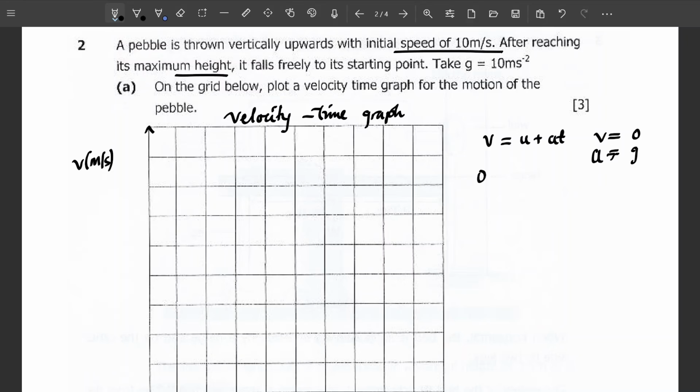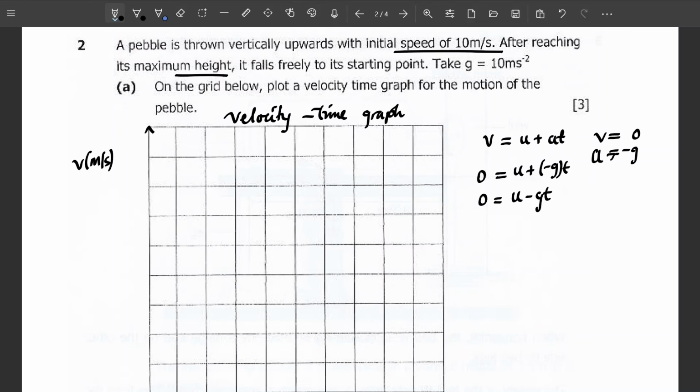Where there's v, we'll put 0 equals u plus g t. Actually this g is negative because you're throwing it upward. So it will be 0 is equal to u minus gt.